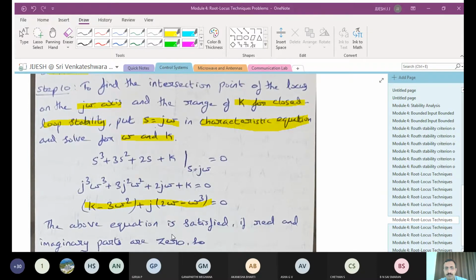All of you can do that. Once you complete it and find the values of K and omega, then you can move ahead.